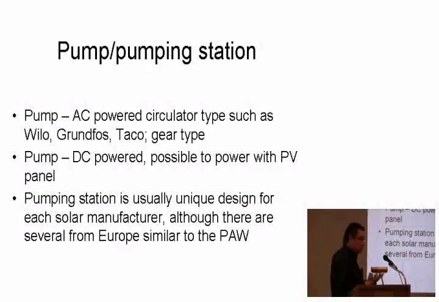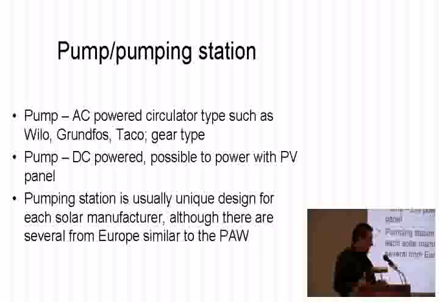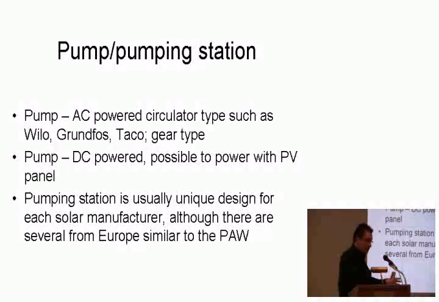The pumping station is usually unique to a manufacturer, although there are some generic ones like PAW, a German company, and you can fabricate your own system if you really want to, if you know what you're doing, by taking that pumping station, taking someone's collectors, taking someone's tank, and putting a system together.